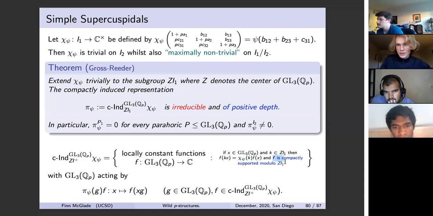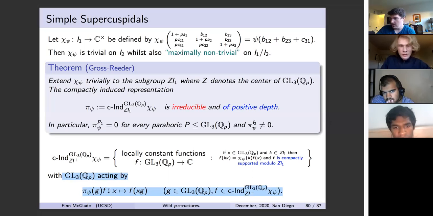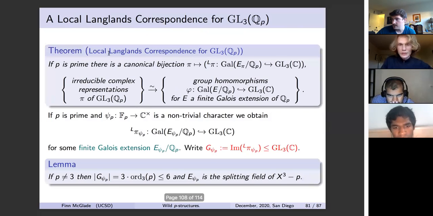Also you ask that the function be compactly supported modulo Z. And then this vector space is a vector space under pointwise addition of functions. It has an action of GL_3(Q_p) by right translations. This is just a formula for telling you how to act, but I'm going to move on here. I want to bring this together a little bit.